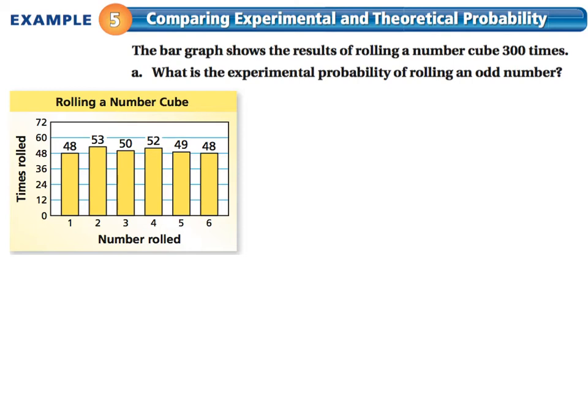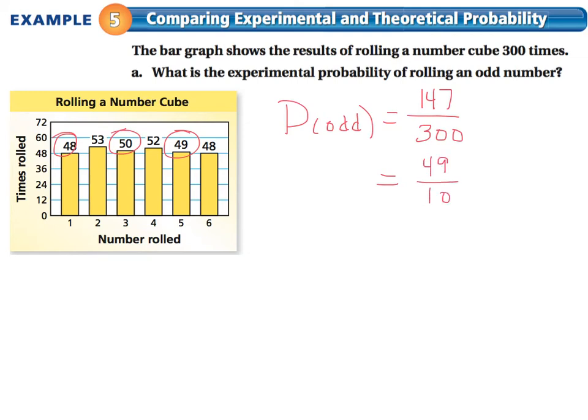Well, an odd number, that would be 48 plus 50 plus 49, which will give us 147 times divided by 300, because there are 300 rolls. But obviously we need to simplify that. That would be 49 100ths, which is also equal to 49%. So either one would work.